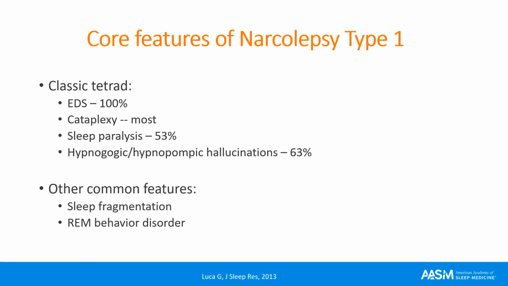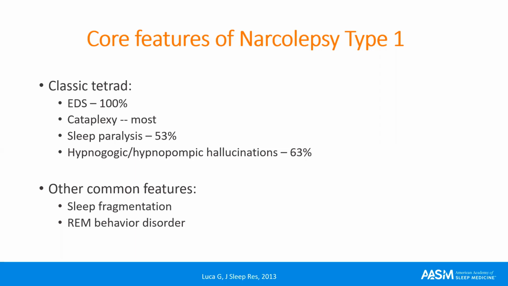And then the other two features of the tetrad are sleep paralysis, waking up from sleep while the atonia of REM is still maintained, and so people are awake but unable to move. That's about half of people with narcolepsy type 1, maybe a little higher in some other series. These numbers come from a very large genetic study in Europe of narcolepsy patients, so a good estimate across a fairly large denominator.